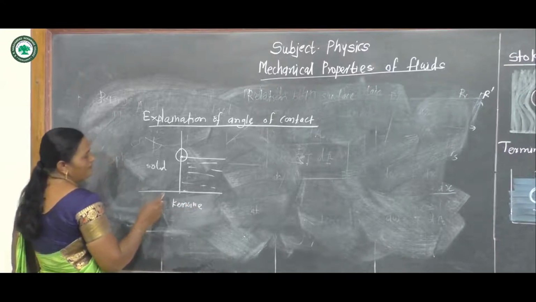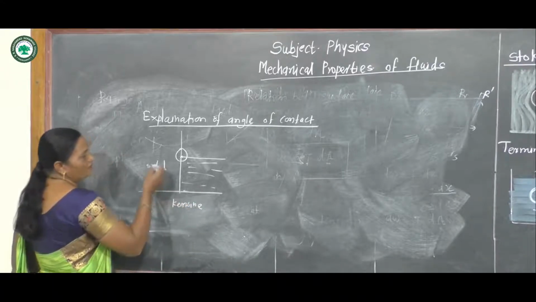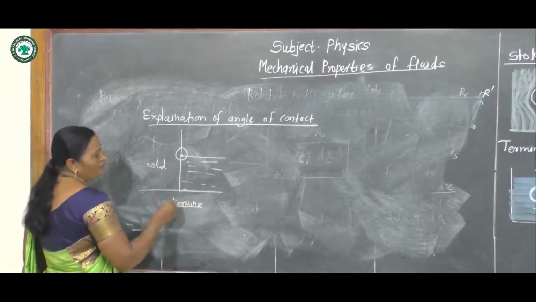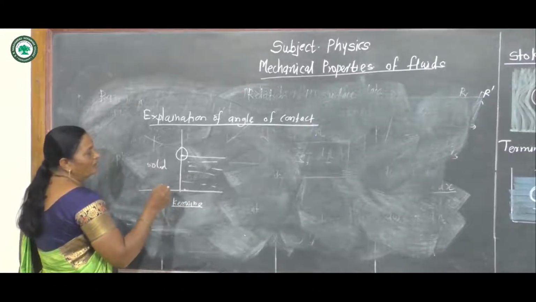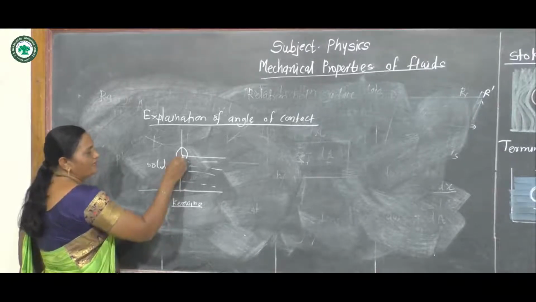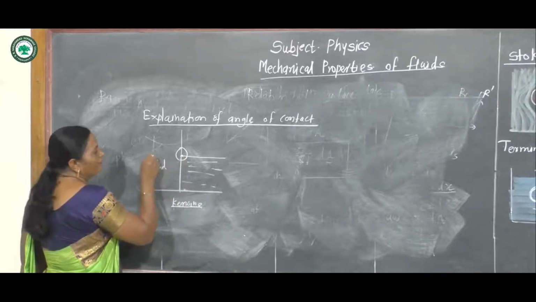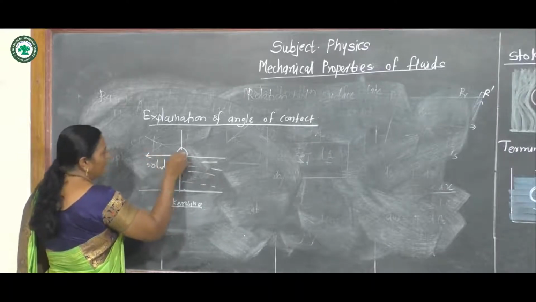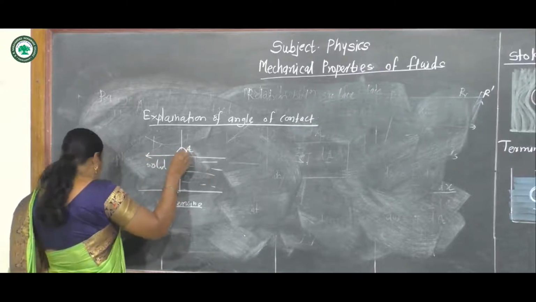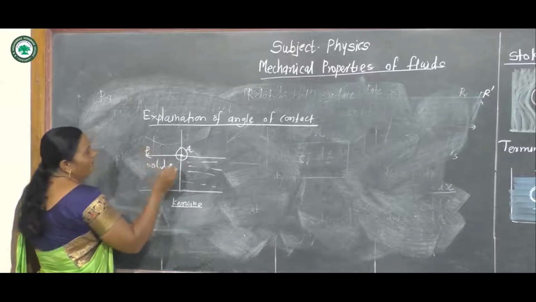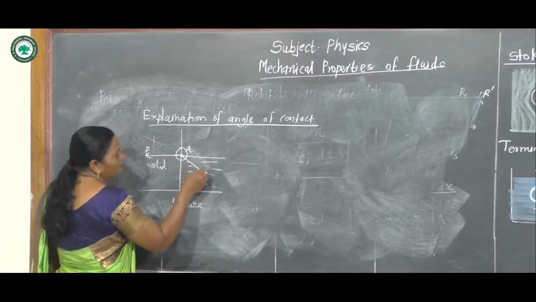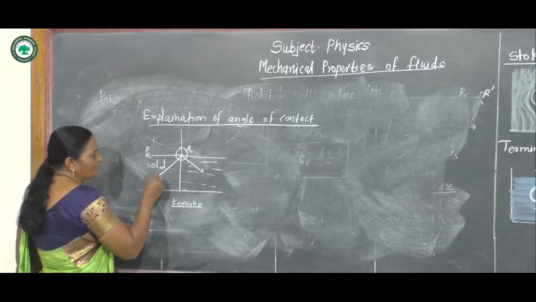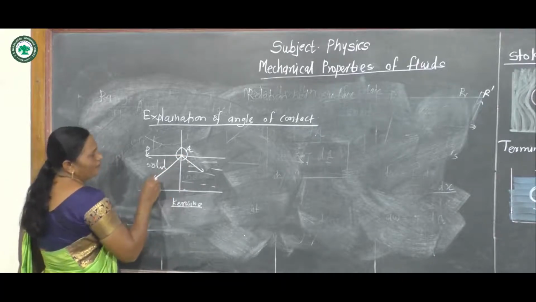Now, in this case, we know there are two forces, cohesive force and adhesive force. In the case of a liquid which partly wets the solid, the adhesive force is greater than the cohesive force. The resultant lies in the solid.